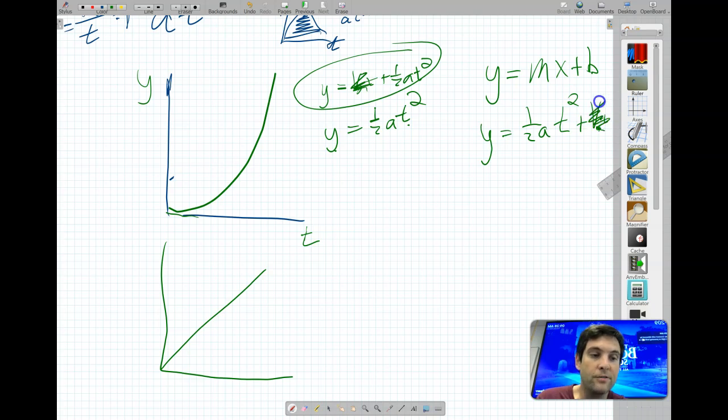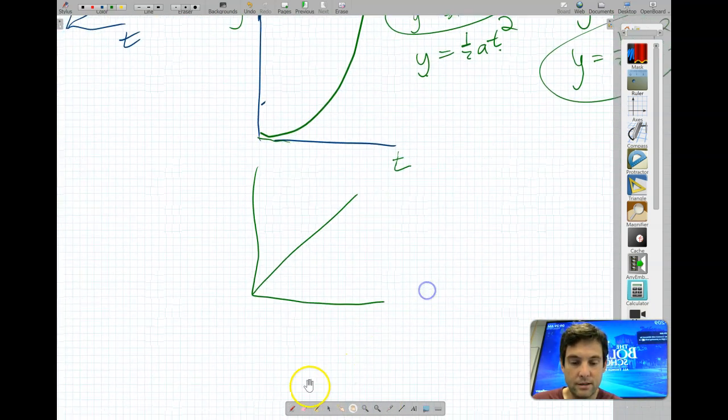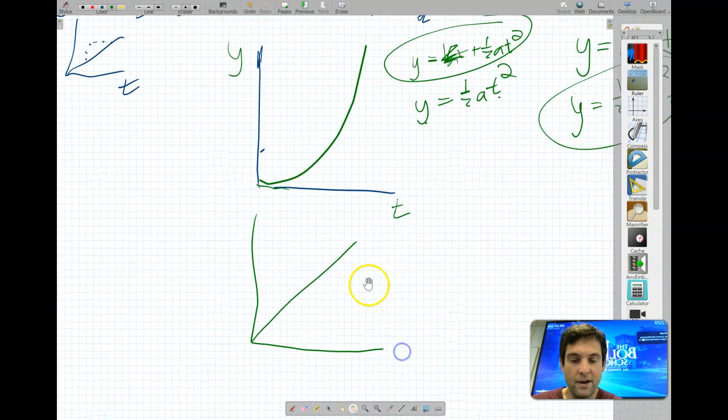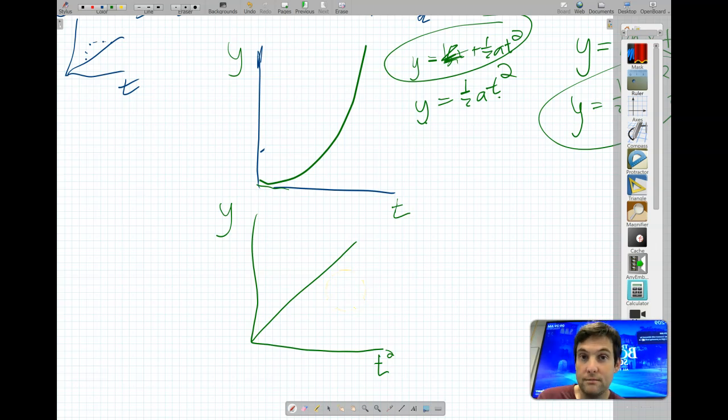Well, if we don't have an initial velocity, our y-intercept is 0. So what we end up with is y equals 1/2 at squared. So if I were to plot not y versus t, but instead y versus t squared, that's going to give me my straight line data.